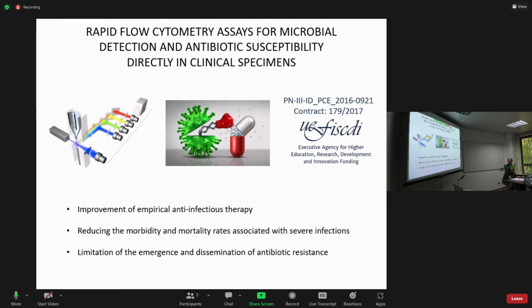So these results were obtained in the frame of a research project. It was an IDEAS research project, rapid flow cytometry assays for microbial detection and antibiotic susceptibility directly in clinical specimens. We started this project because our lab is involved together with our colleagues from different hospitals in the country in the epidemiological surveillance of antimicrobial resistance in Romania.